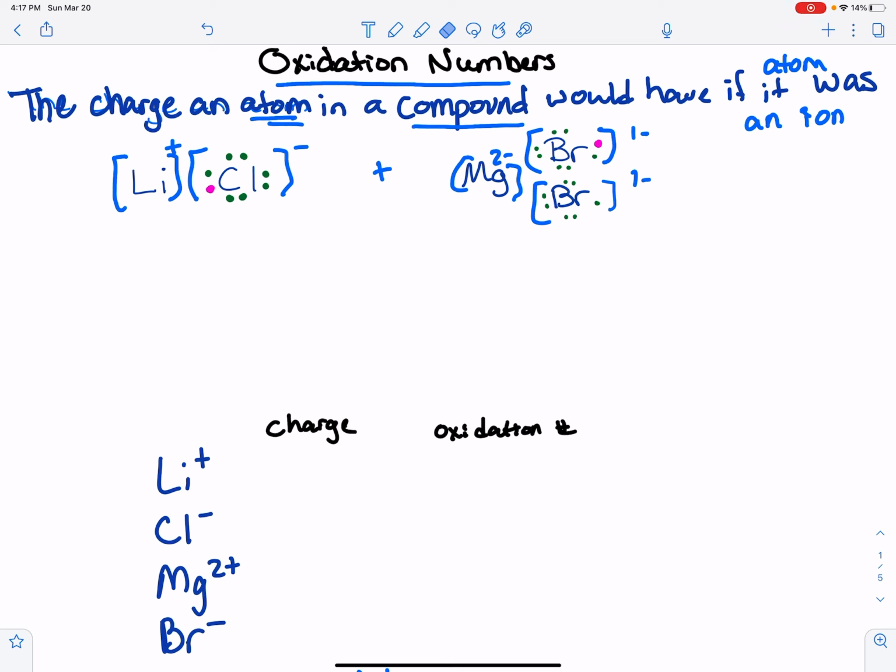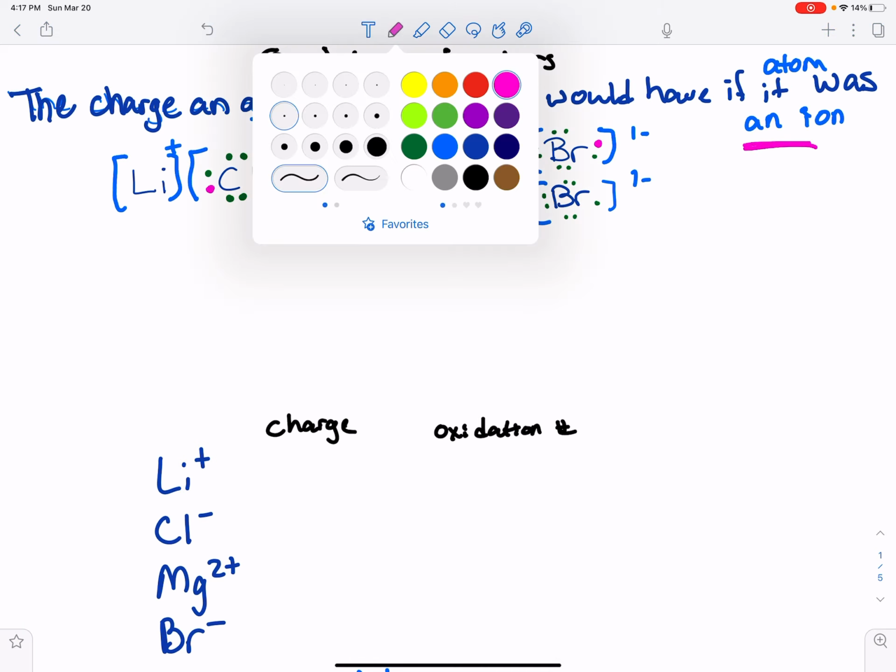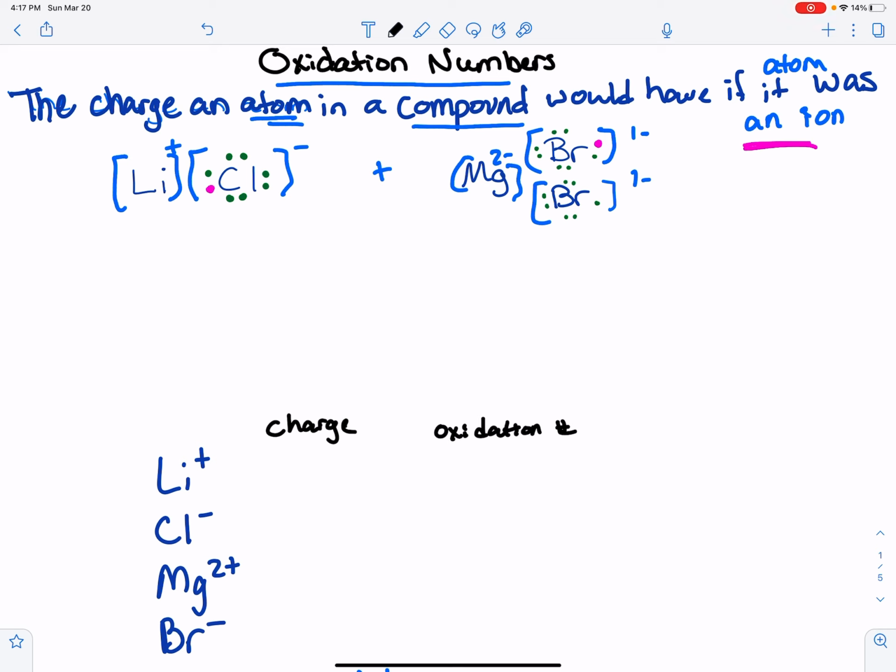Now, as it turns out, when you're dealing with something that is ionic, what the electrons want to do makes a lot of sense, and it is based on the charges. So in the case of something ionic, we know this has a charge of 1 plus, this has a charge of 1 minus, this is 2 plus, and this is 1 minus. The oxidation number for this compound is going to be exactly the same.